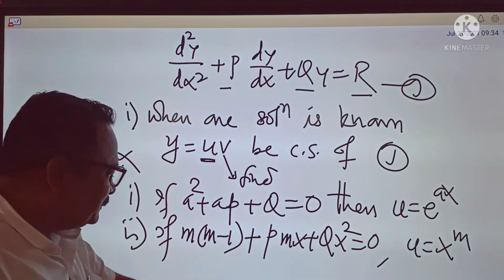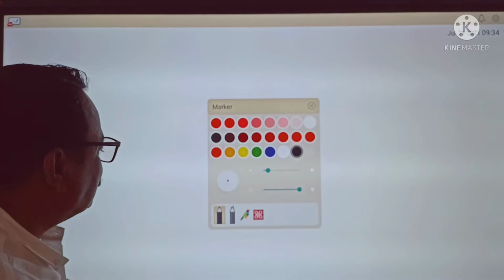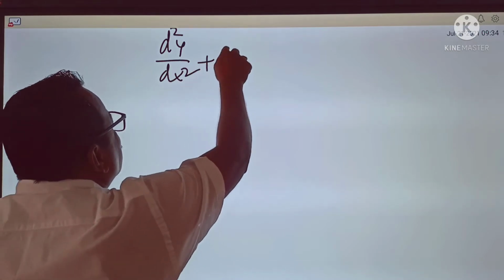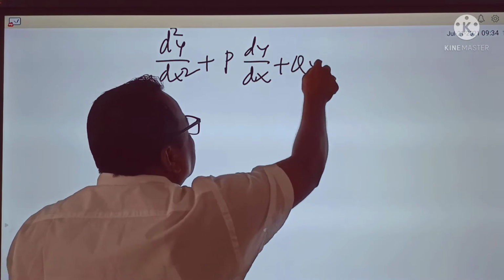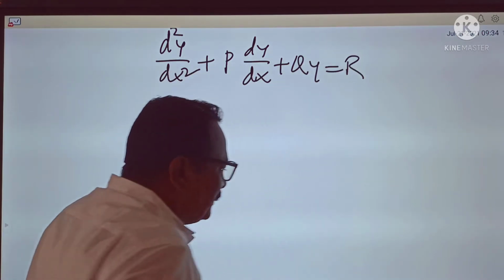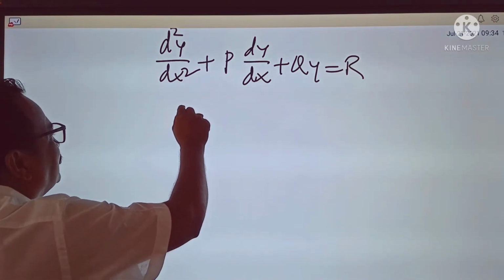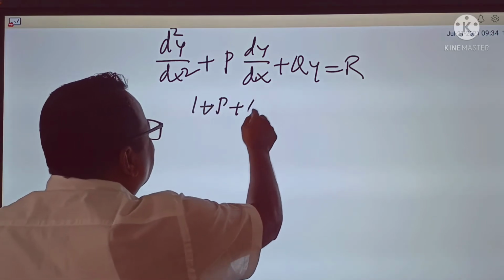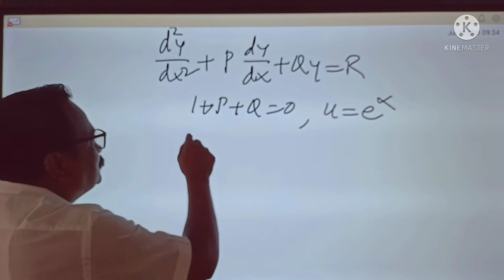We erase this now. Our general second order linear differential equation is d2y by dx square plus p into dy by dx plus q into y is equal to r. To find the known solution, the methods are: if 1 plus p plus q is 0, u is equal to e raised to x is a known solution.